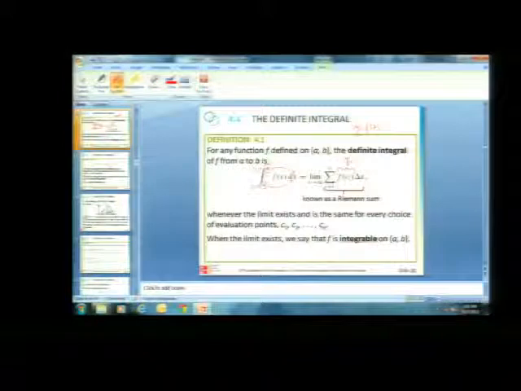And then the definite integral is defined to be the Riemann sum when n goes to infinity. So we are taking the limit as n approaching infinity. When n approaching infinity means we are taking an infinite number of points within the interval and carrying out the Riemann sum. And that is defined to be the definite integral.